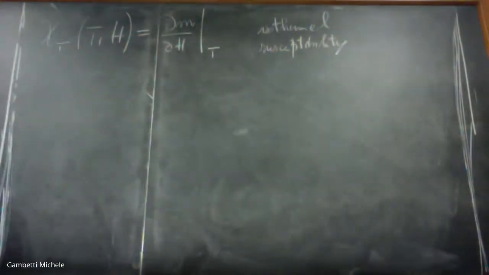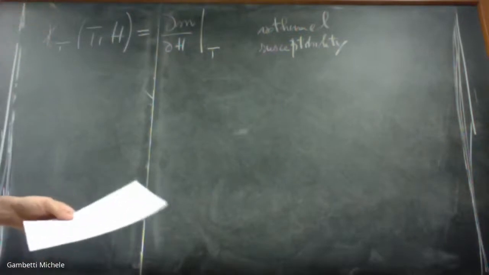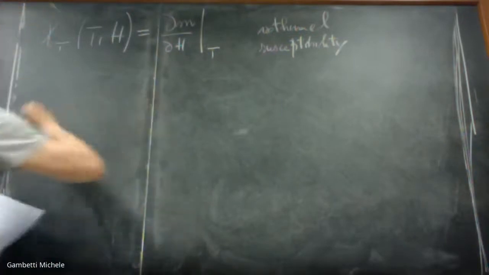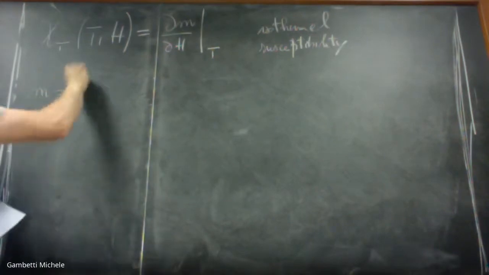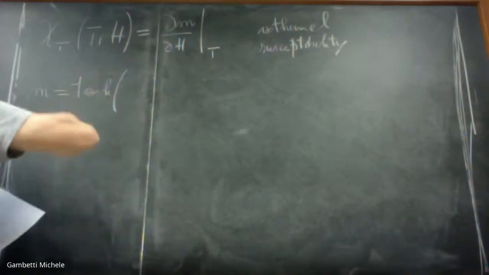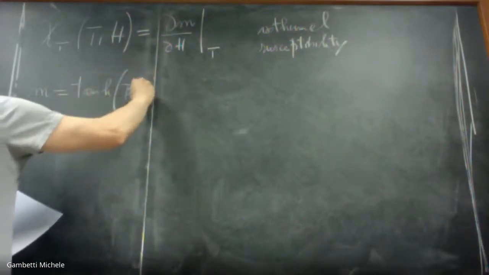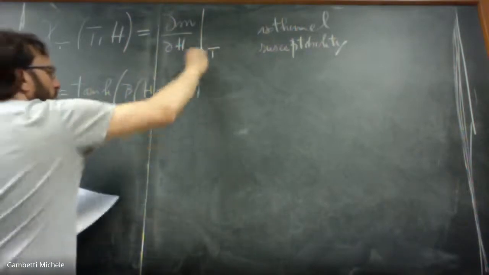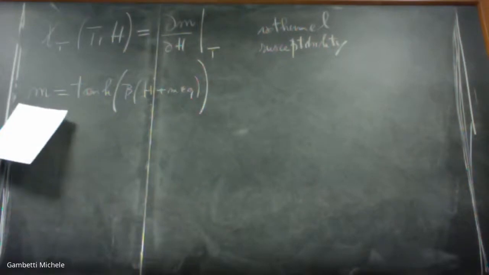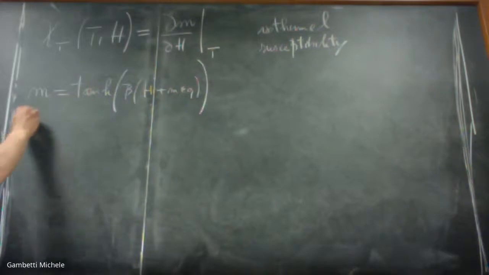Now to compute this quantity, we start again from our solution for m, which was m equal to the hyperbolic tangent of beta times (h plus m epsilon q). Now I take the derivative with respect to h of this quantity on the left and on the right, fixing the temperature. On the left, I get the isothermal susceptibility by definition.